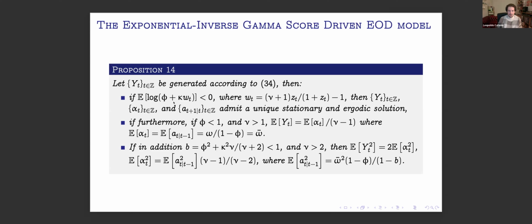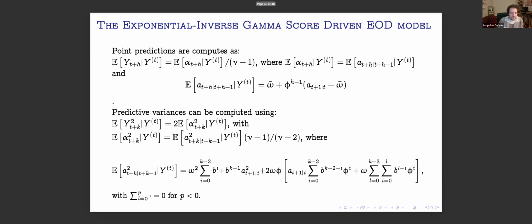Note that as in GARCH, we have the same issue about weak and strong stationarity. And then we can compute predictions quite easily. So everything here is available in closed form.